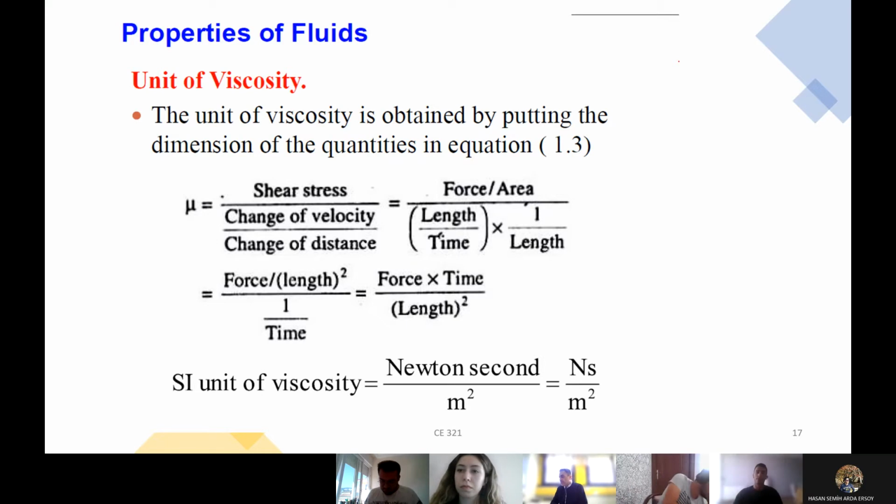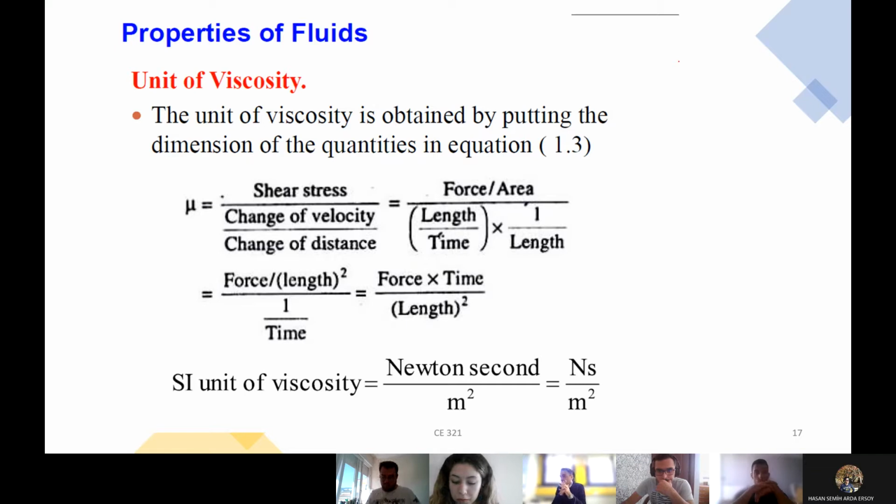As a result of viscosity, different layers will move with different velocities, and based on the different velocities, we will have a velocity gradient. Therefore, if you multiply viscosity by velocity gradient, you can find the amount of shear stress between two layers, or in a distance that you calculated velocity gradient based on.